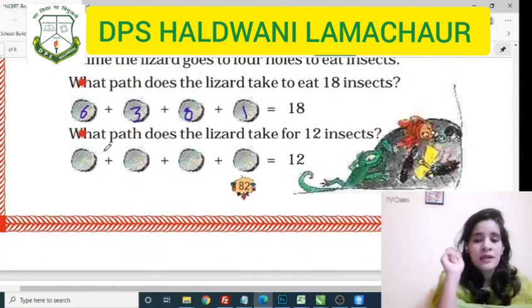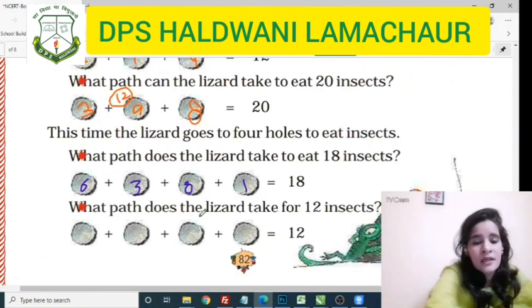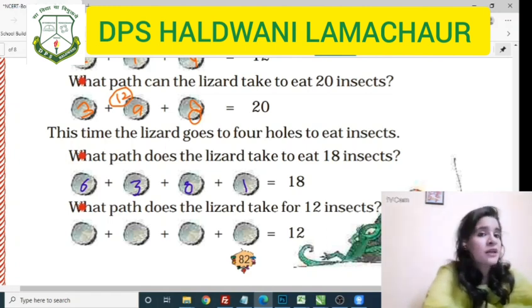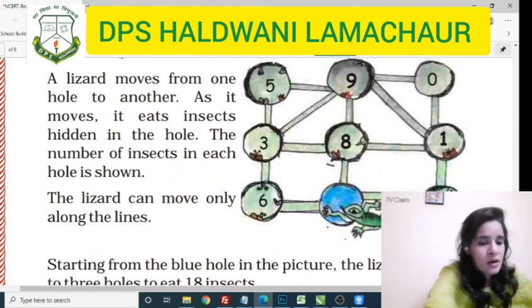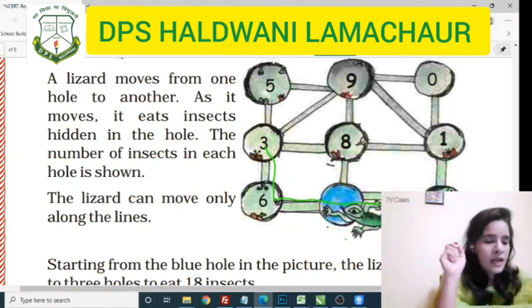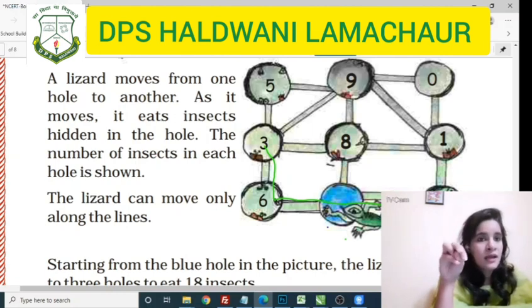So next is, what path does the lizard take for 12 insects? Now let's see what path the lizard takes for 12 insects. To eat 12 insects, what path will it take? So let's find out. Let's take first 9 plus 2: 9, 10, 11.